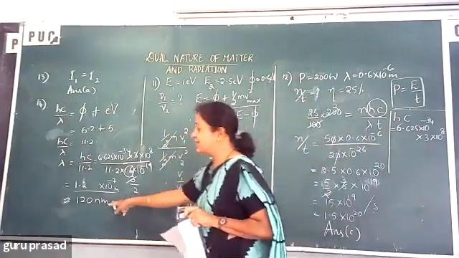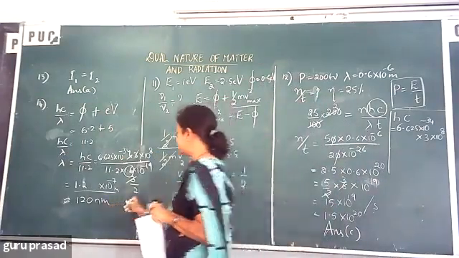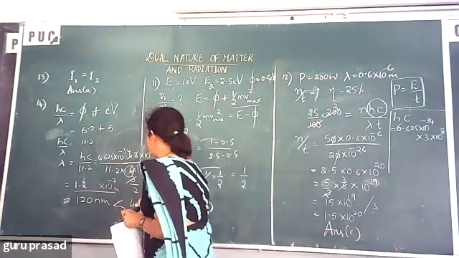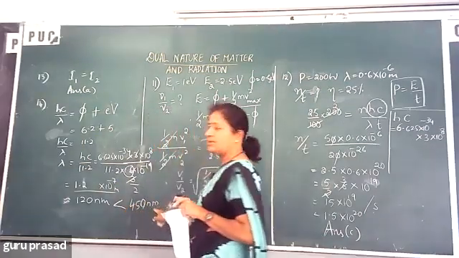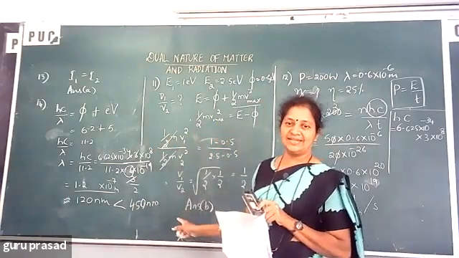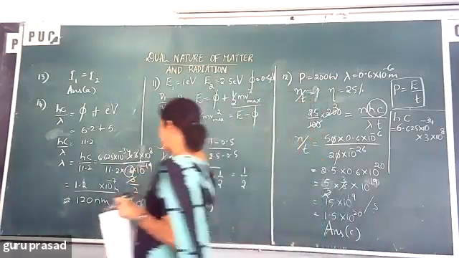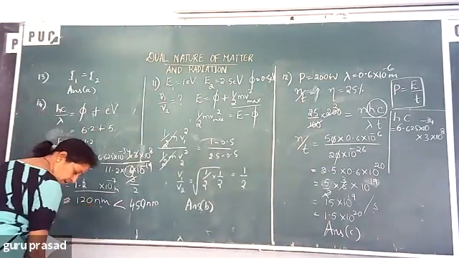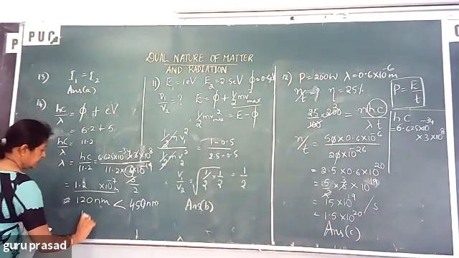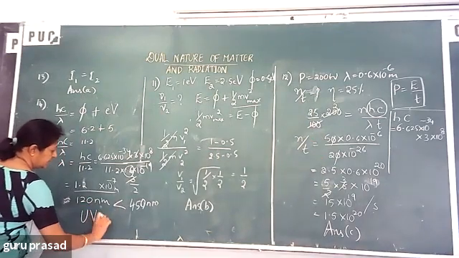Now this 120 nanometer is less than 450 nanometer. From 450 nanometer onwards, it is visible light. Less than that means wavelength is less, so frequency is more, and it is lying in the ultraviolet region.